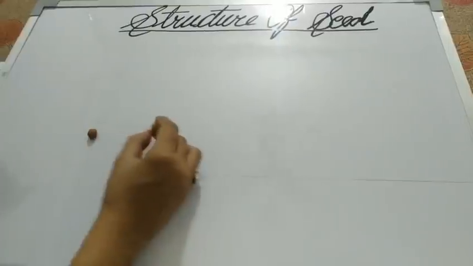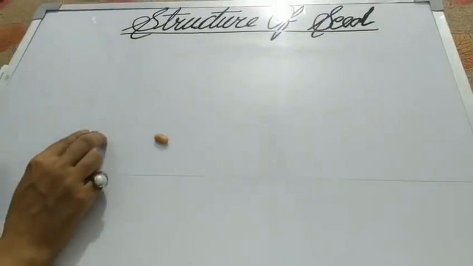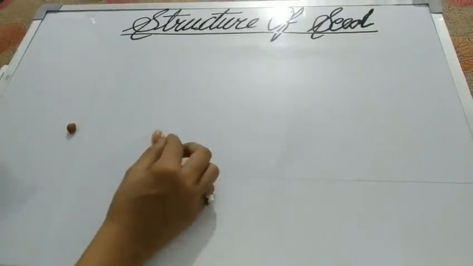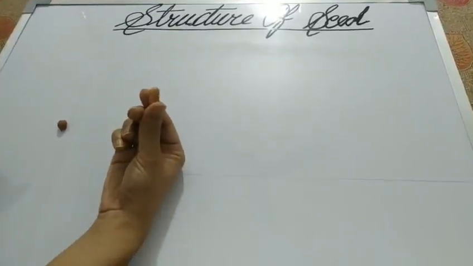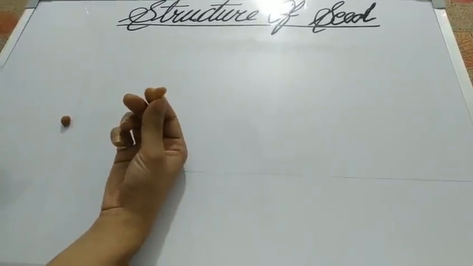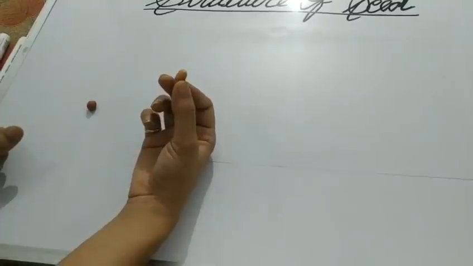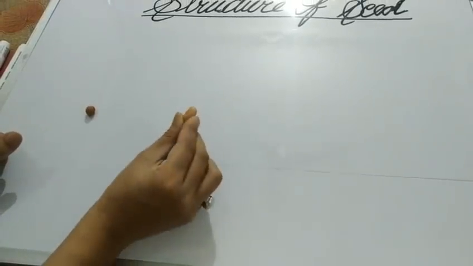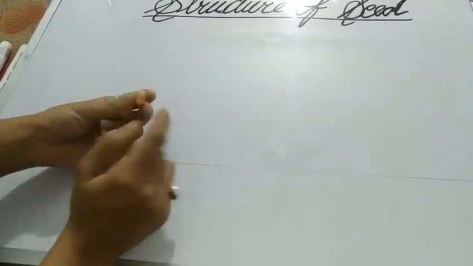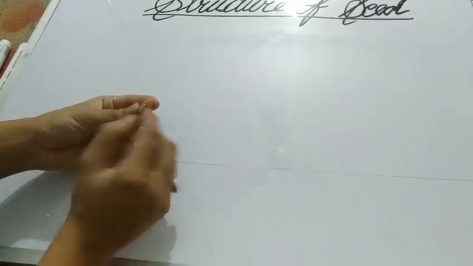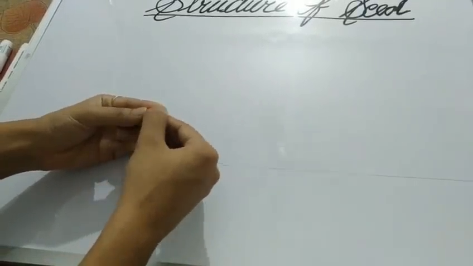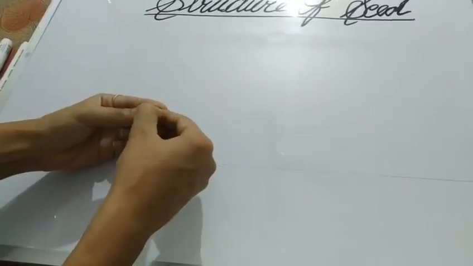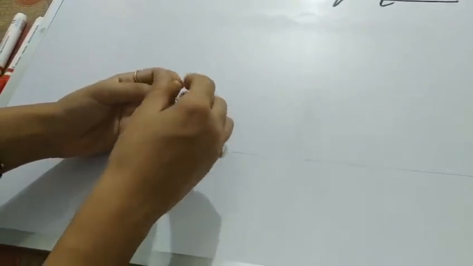Okay students, as I had already explained the structure of a seed, I have two types of seeds over here. One is this kidney bean, also known as rajma. All of you might be eating this at home. So let's study the parts through this. See, this outer brownish covering that you see is called your seed coat. Let us peel it off and take out this portion.